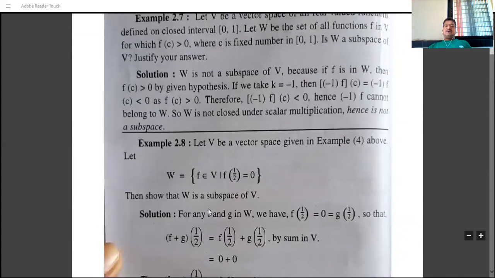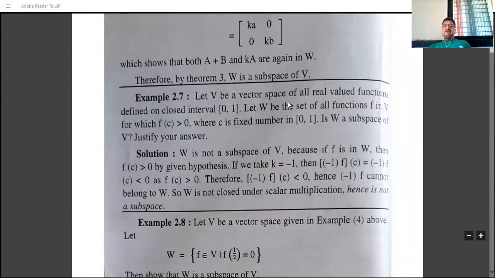But observe this example. V is a vector space of all real functions defined on the closed interval [0, 1], or say [a, b], and W is the set of all functions in V for which f(C) is greater than 0, where C is a fixed number in the closed interval [0, 1]. So W is the set of functions for which the image of C is greater than 0.